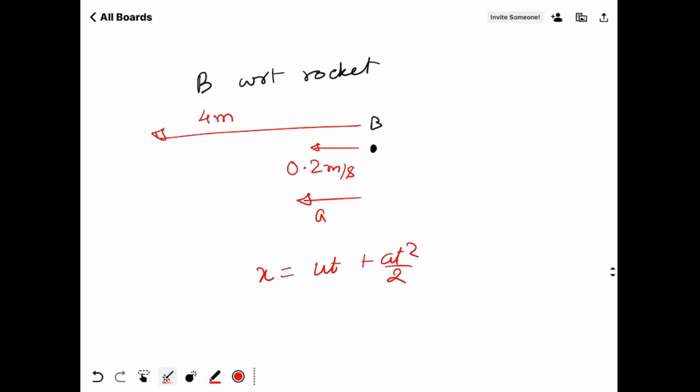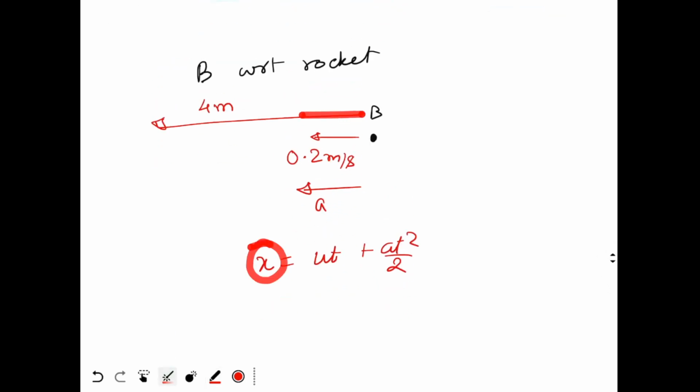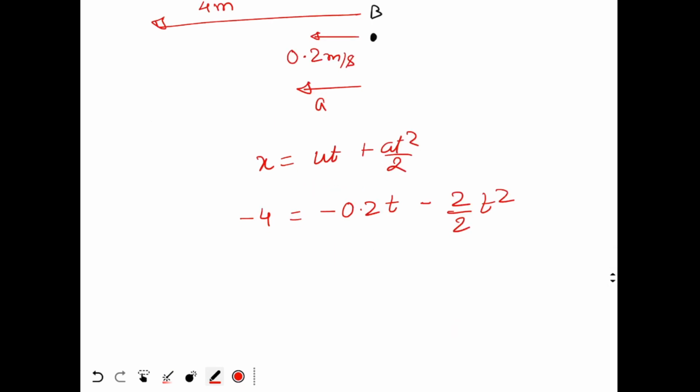Displacement is 4 in the negative direction, so minus 4. U is also negative, so minus 0.2 t, and acceleration is also negative, so minus 2 by 2 t square. Now I get a quadratic equation: t square plus 0.2 t minus 4 equals 0.